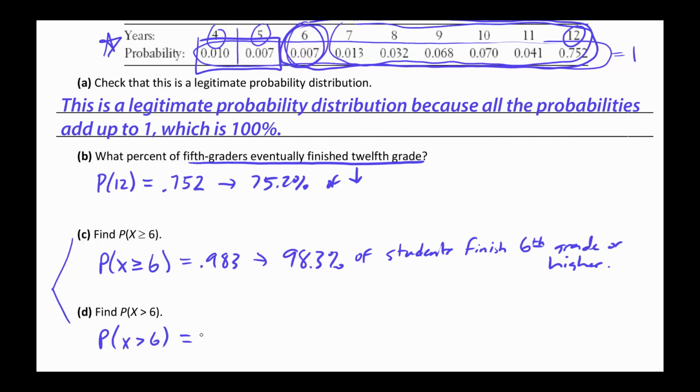If I add those numbers up, or if I just subtract another 0.007 from my previous answer, I will get 0.976. That stands for 97.6% of students finish 7th grade or higher.